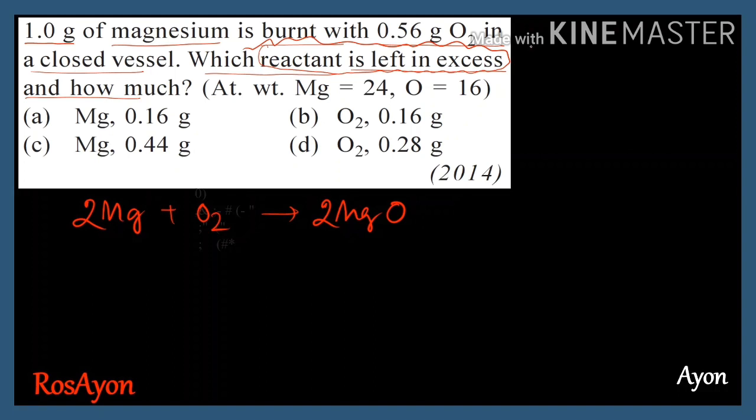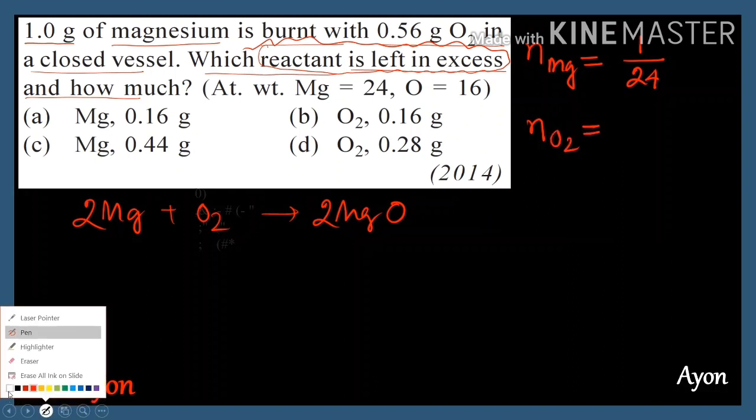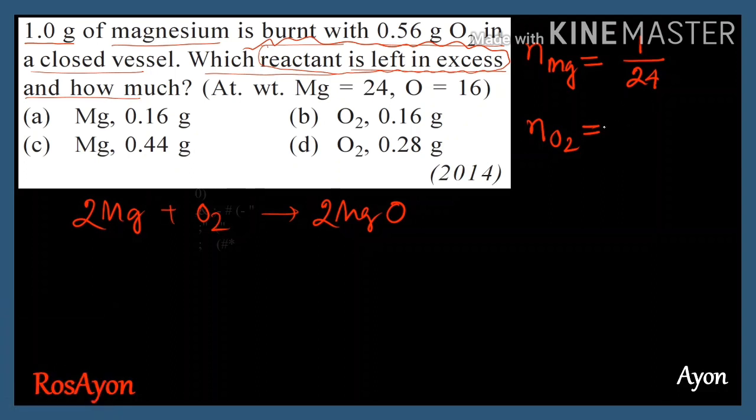Now which one is the limiting reagent? To determine this, first determine the number of mole of magnesium, that is equal to 1 gram given divided by its atomic weight 24. Clear? Number of mole of O2 is equal to 0.56 gram divided by 32. Clear?